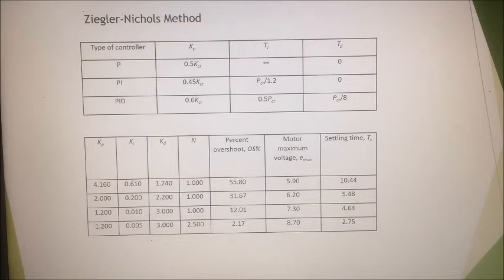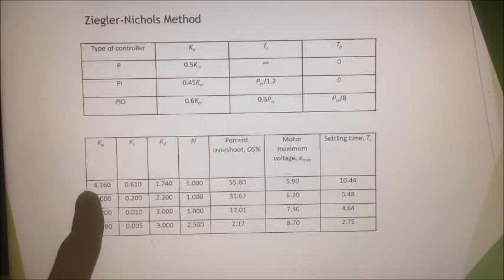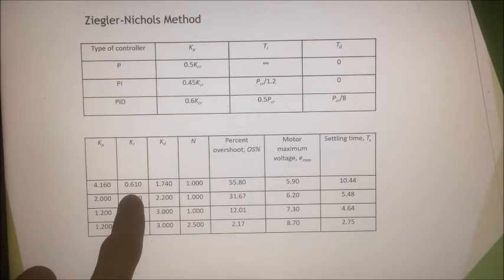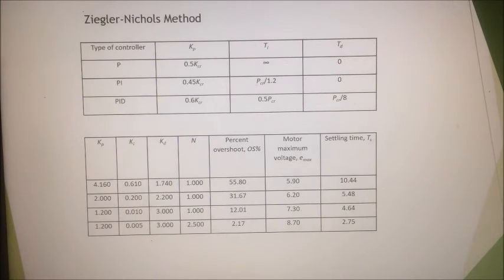The table below shows the results I got using the Ziegler-Nichols method. In this case, I employ 4 tuning attempts, and the first try of PID tuning via this method gives me Kp equal to 4.160, and so on.